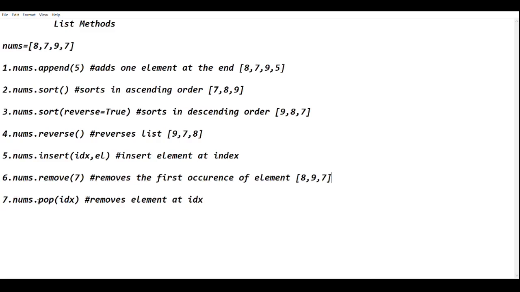Number 7, pop method. The syntax of the pop method is list name dot pop and inside the parenthesis the index. This method is used to remove the element which is positioned in the index specified inside the parenthesis.